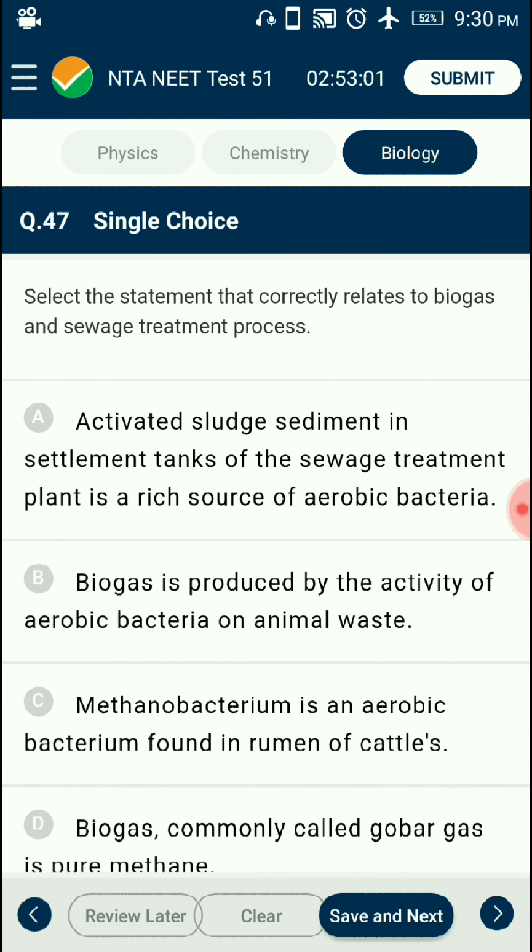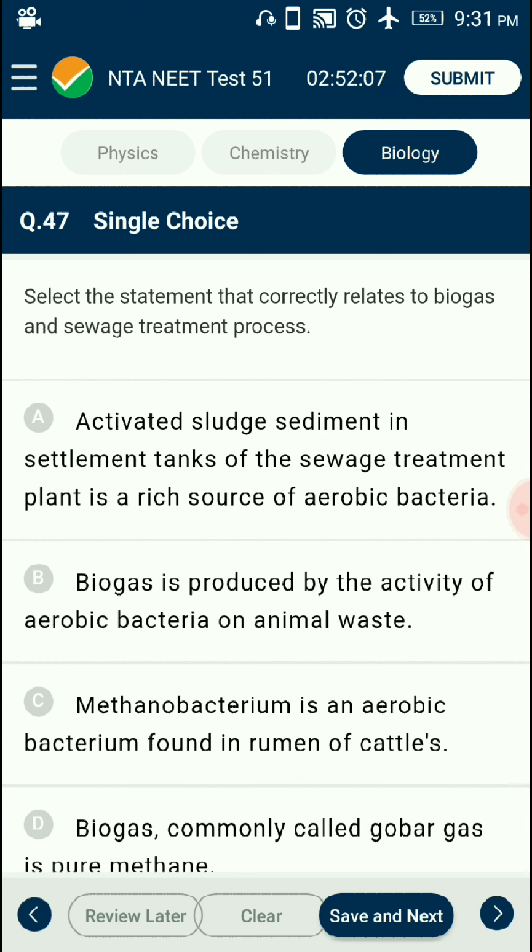Question number 47. Select the statement that correctly relates to biogas and the sewage treatment process. Once the BOD of sewage or wastewater is reduced significantly, the effluent is passed into the settling tank where the bacterial flocs are allowed to sediment. This sediment is called activated sludge. A small part of the activated sludge is pumped back into the aeration tank to serve as the inoculum. This inoculum serves as a rich source of aerobic bacteria.